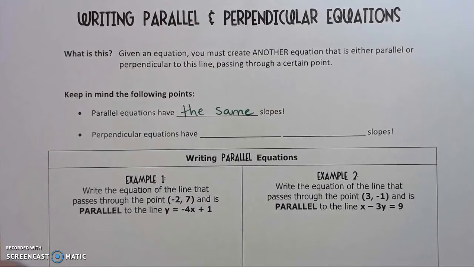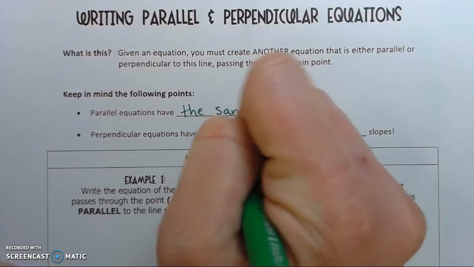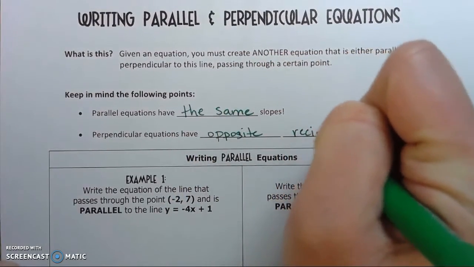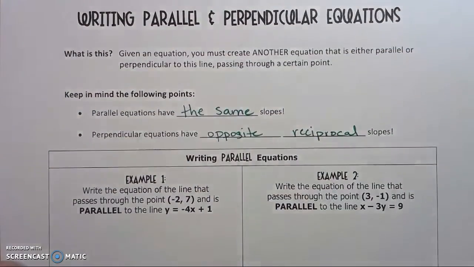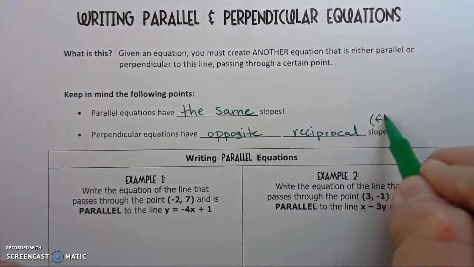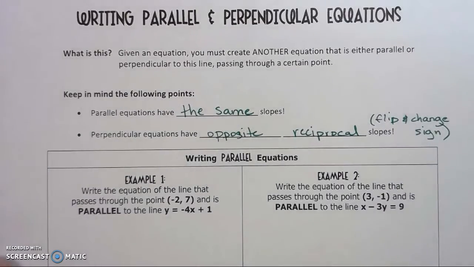And then two lines that are perpendicular have opposite reciprocal slopes. And what that means is that we're going to flip the slope and change the sign. Okay? So that's just a quick reminder for you.